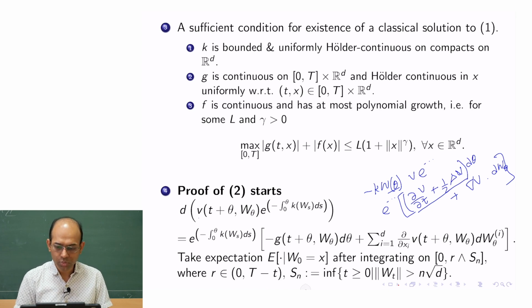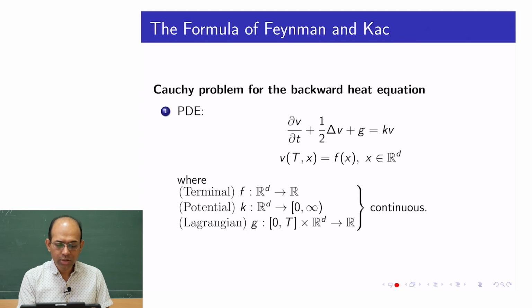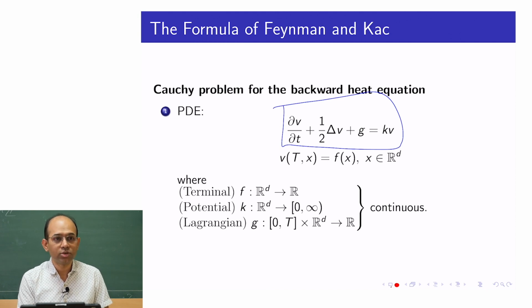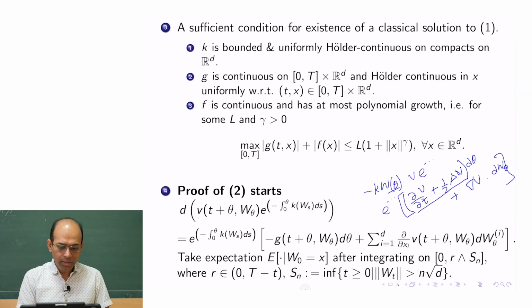So let us quickly look at the PDE. Here we see that del v del t plus half Laplacian v is equal to kv minus g. If you have minus kv here, g goes on the right hand side, so minus g. So when we apply Ito's formula to this product, we would get minus g of t plus theta, w theta, d theta term.